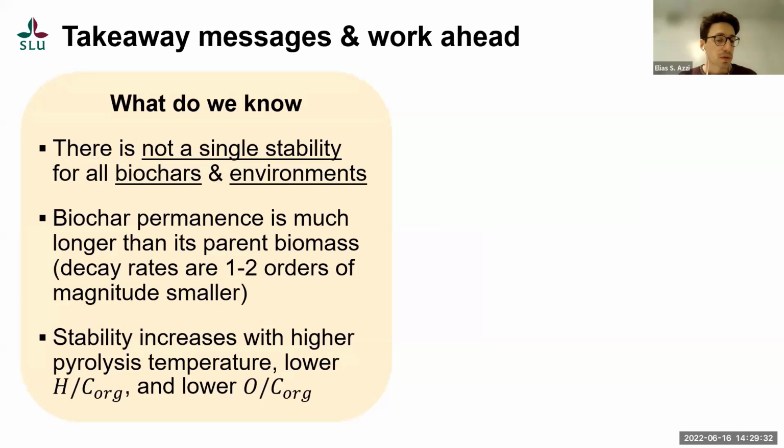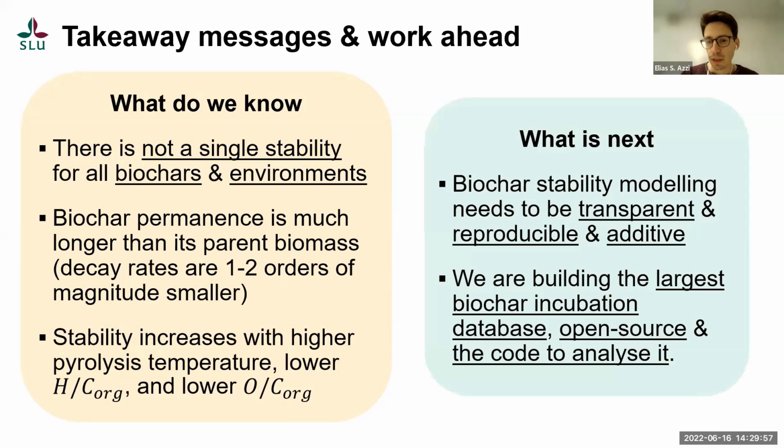But what we do know also is that biochar permanence in the environment is much longer than the raw biomass that you had in the order. Decay rates are at least 1 to 2 orders of magnitude smaller. And then finally, last but not least, we know that stability increases with higher pyrolysis temperatures and with lower H/C and O/C ratios.